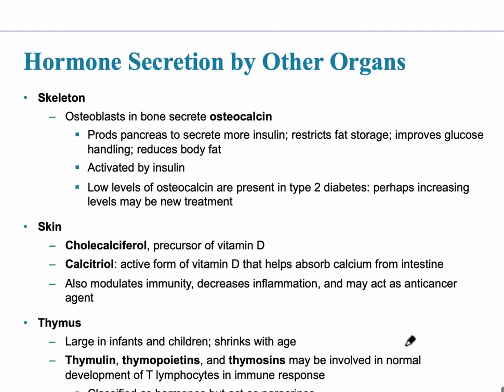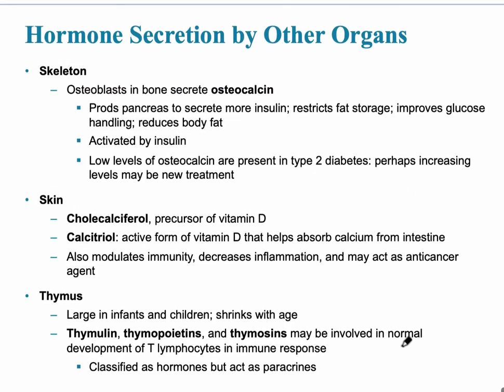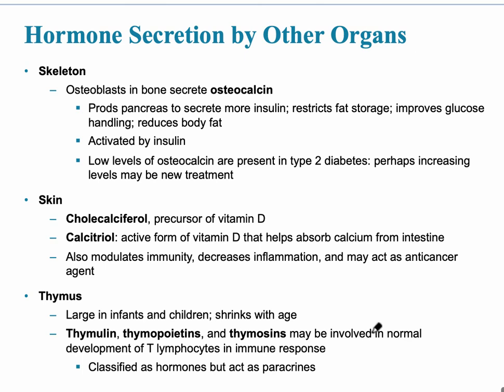In addition, the skeleton also releases some hormones, the skin and the thymus. The skeleton has osteoblasts. These are the cells that are going to be building new bone cells, secretes osteocalcin. In the skin, there's a couple different hormones. Cholecalciferol, that's the precursor of vitamin D, and then calcitriol, that's the active form of vitamin D. And vitamin D is necessary to absorb calcium in the GI tract.